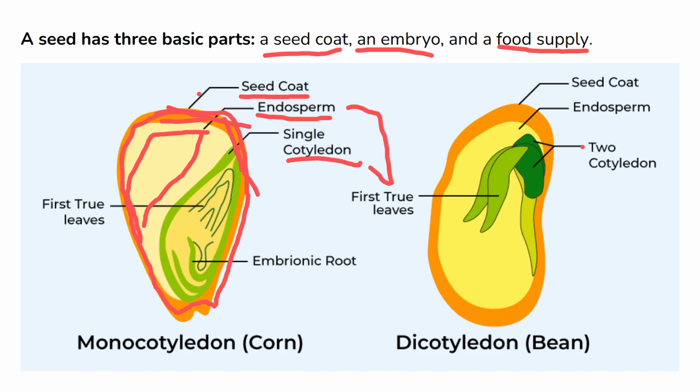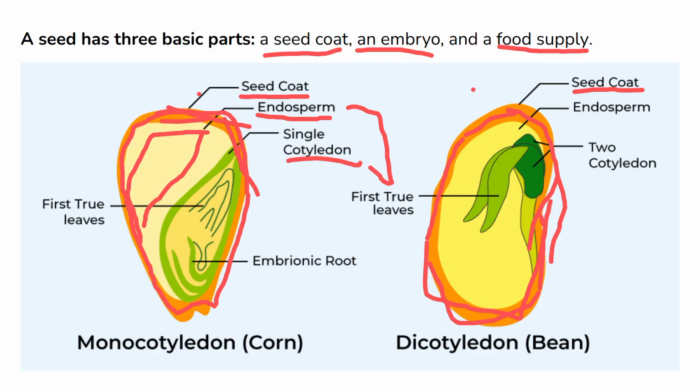Now we're talking about the bean seed, the dicotyledon. Over here, the seed coat is on the outside. All seeds have a seed coat because they need protection, or they might just get crushed. Kidney beans, for example, also have protection. Many seeds have these seed coats.